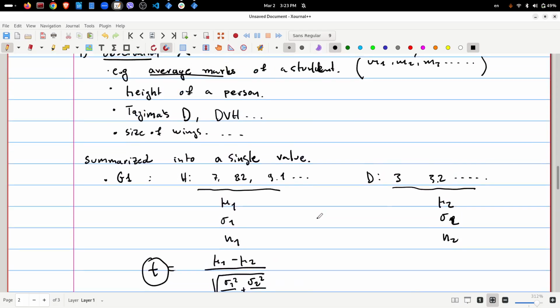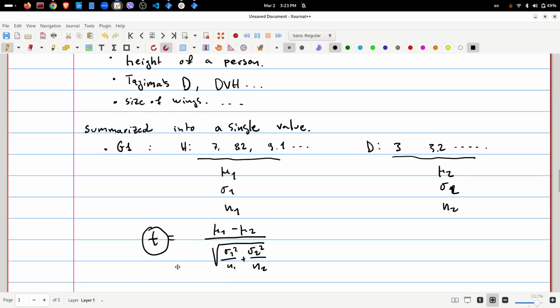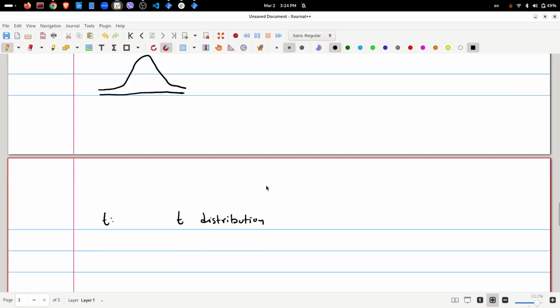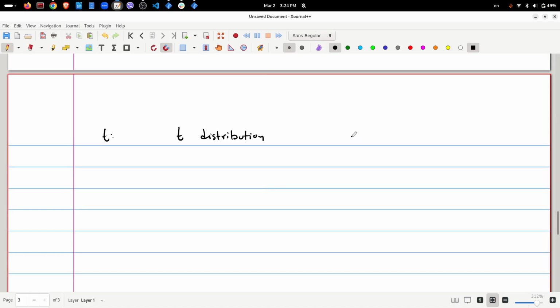So if I would suppose here that this group and this group are the same, they are coming from the same population, then this T is distributed based on a distribution that is known mathematically, and let's say that it's looking like that. Doesn't really matter.